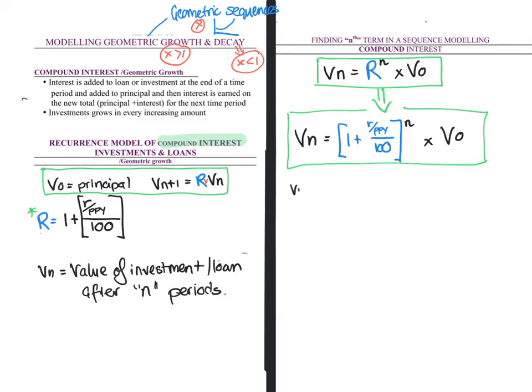So Vn is the value of the investment after n periods. V0 is your initial value.